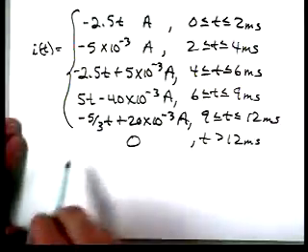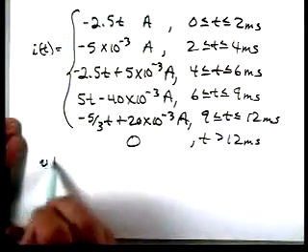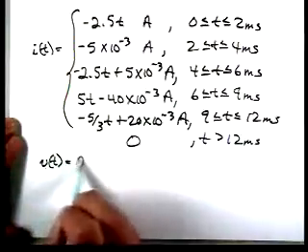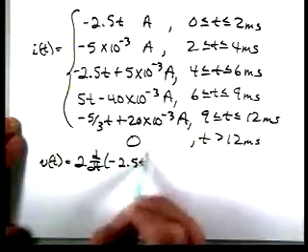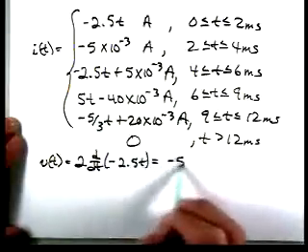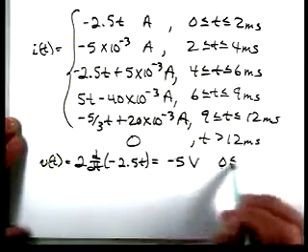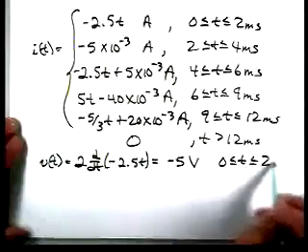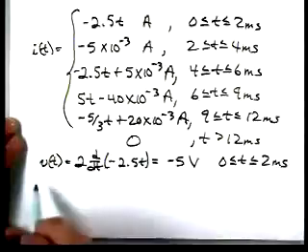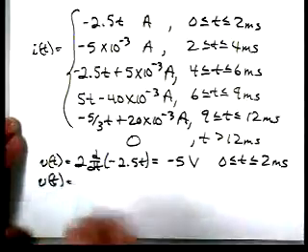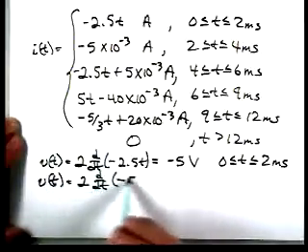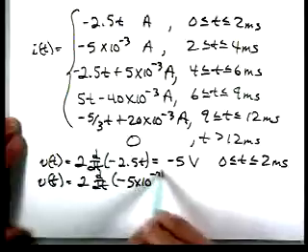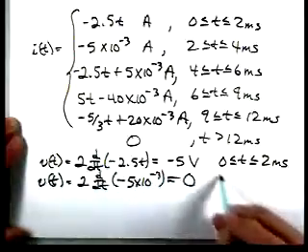For the first interval, we have 2 times the derivative of minus 2.5 t. So that's going to give us minus 5 volts. Then for the next interval, we have 2 times the derivative of minus 5 times 10 to the minus 3. So that's 0.